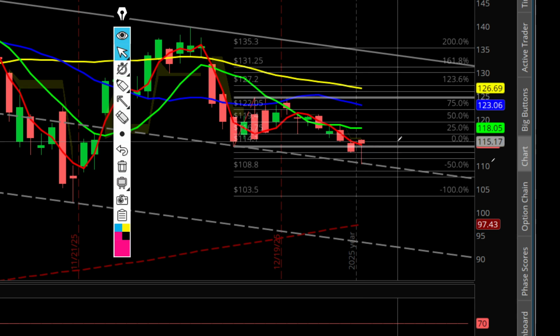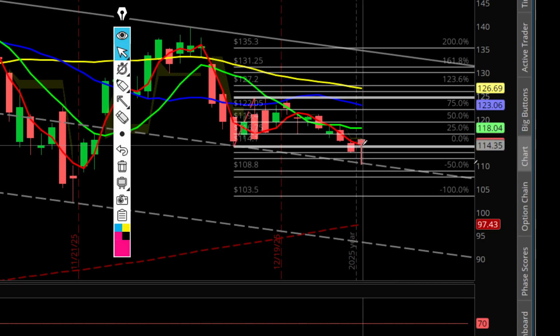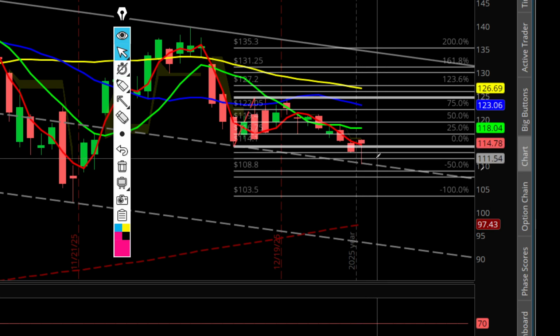You say, well, should I go short? No. Why not? It's not an entry point. We went down, we tagged whatever this is, and we rejected.